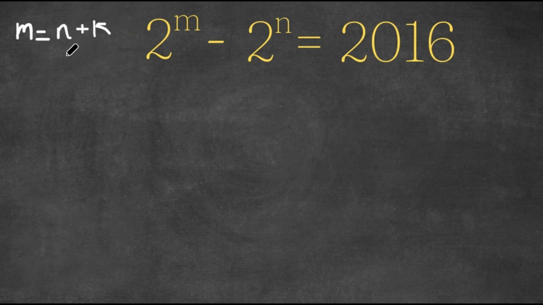Now, if this is true, then we also know that n is equal to m minus k, and k is a constant.